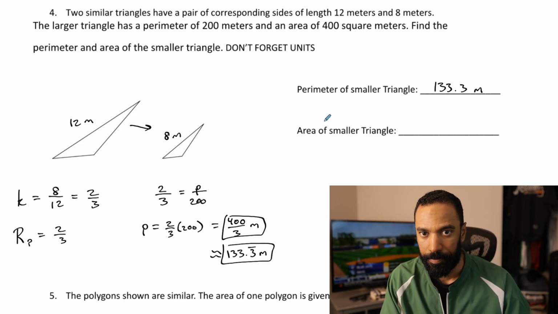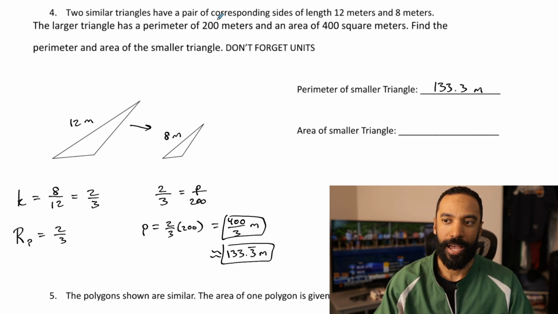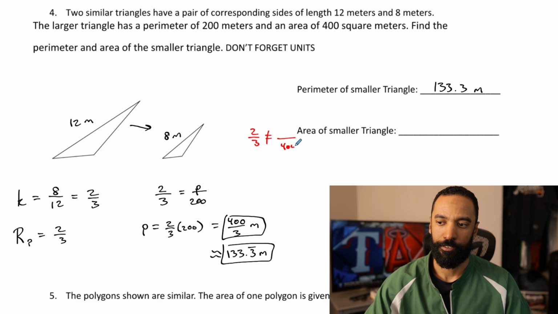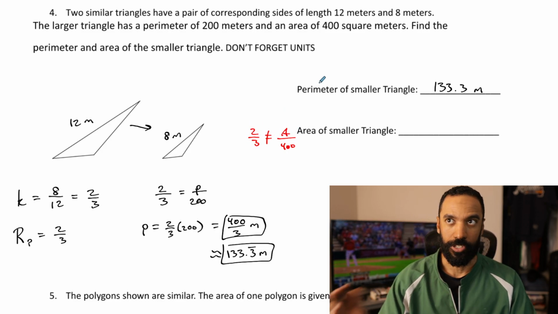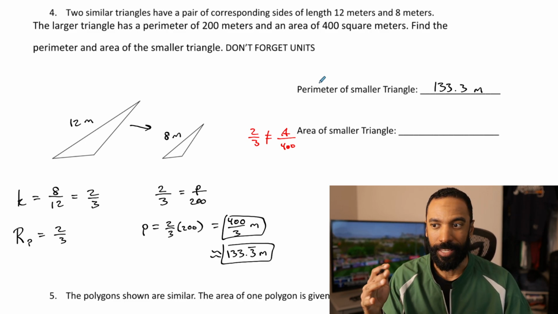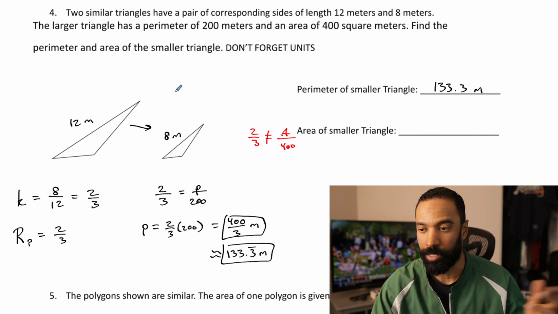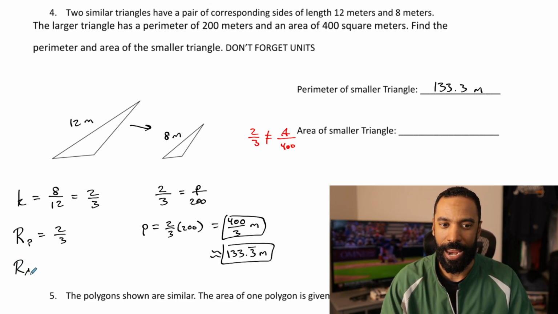Area of the smaller triangle. The bigger triangle has an area of 400 square meters. Now, you do not do 2 to 3 and 400 in area. It's not 2/3 anymore. And in fact, this is also going to be another issue with values, I do believe. And if you want to see the 10 and the 3, I can set them up as well. You have to take the ratio of the areas.